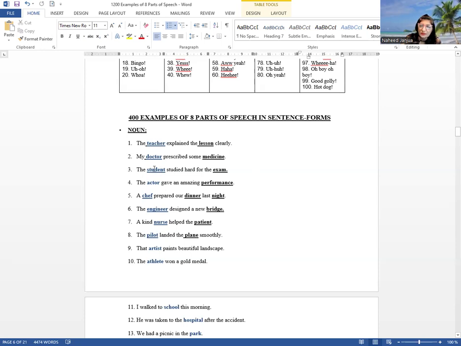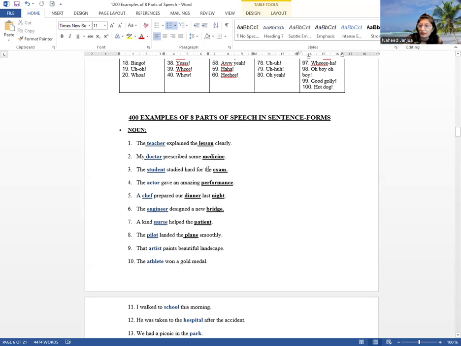Sentence number 3: the students studied hard for the exams. Now see that in this sentence there are multiple parts of speech. The is the definite article, students is the noun, studied is the verb, hard is the adjective, for is the preposition, and the article the is again used, which is here working as an adjectival modifier, because after that comes the word exams at the end.